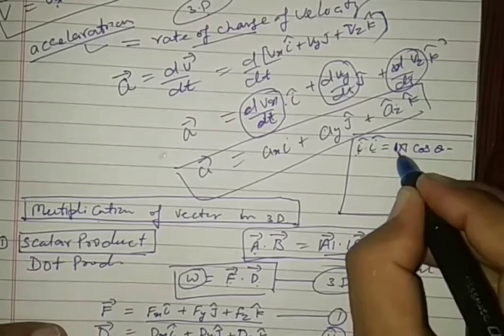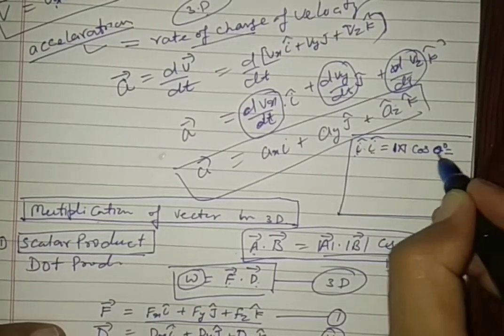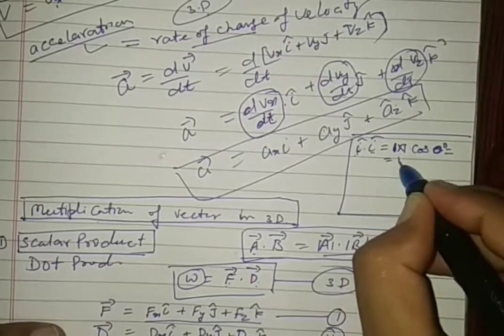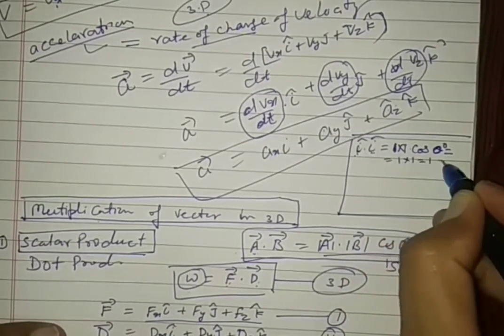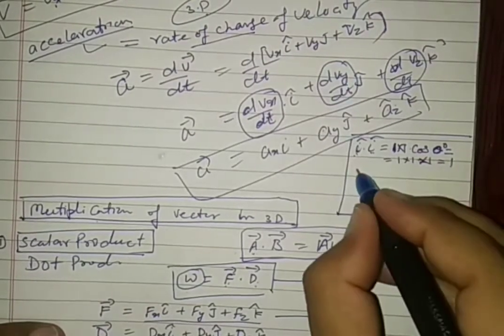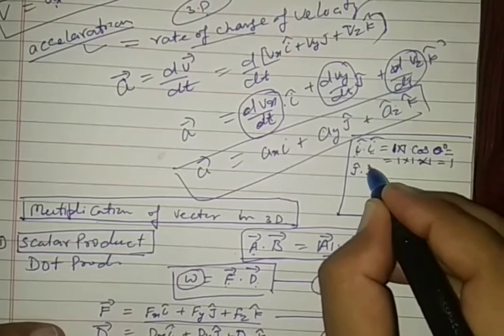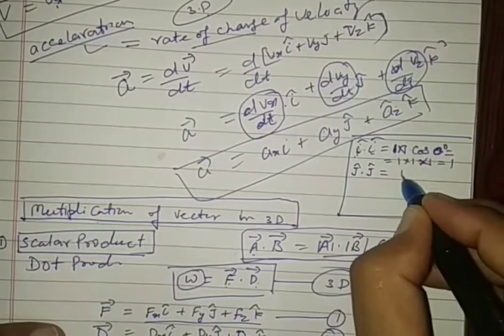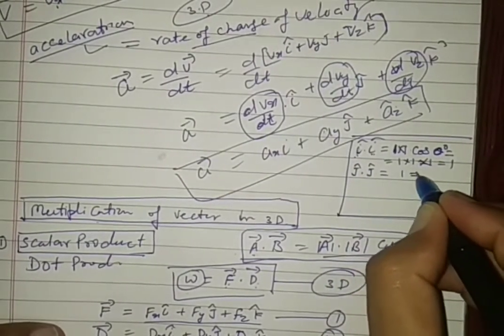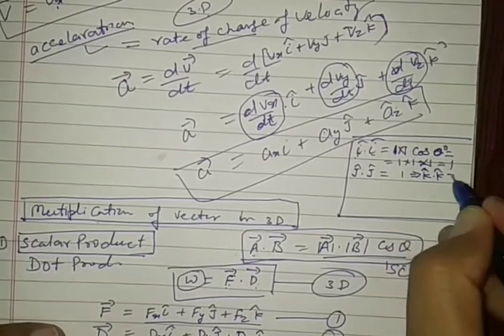So i dot i is cos 0. Since cos 0 is 1, it becomes 1 into 1 into 1, which is equal to 1. Similarly, we can write j dot j is equal to 1 and k dot k is equal to 1.